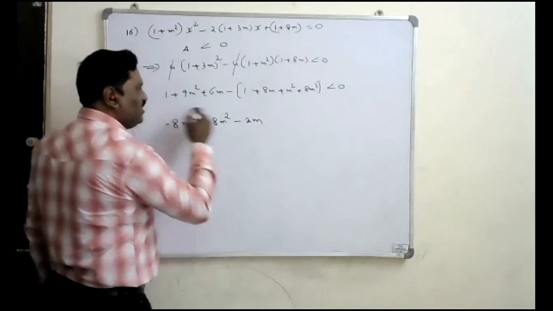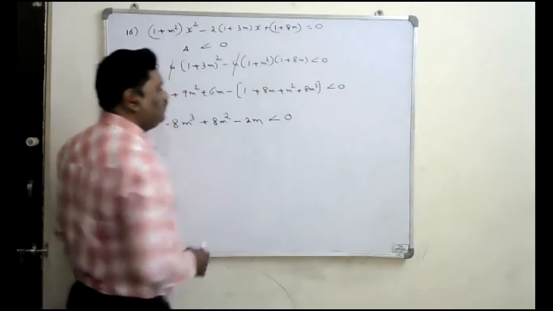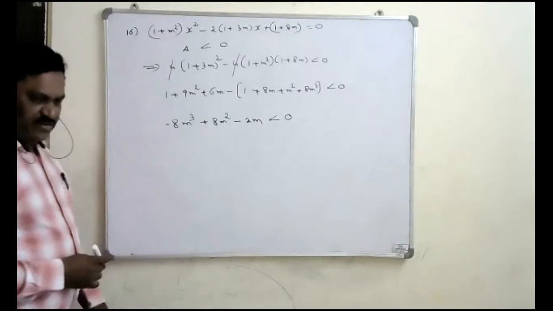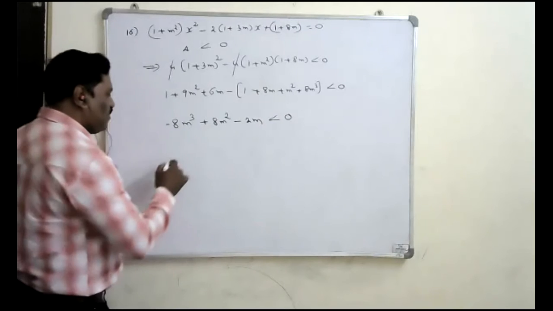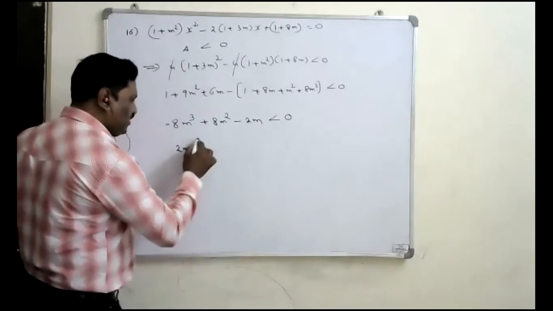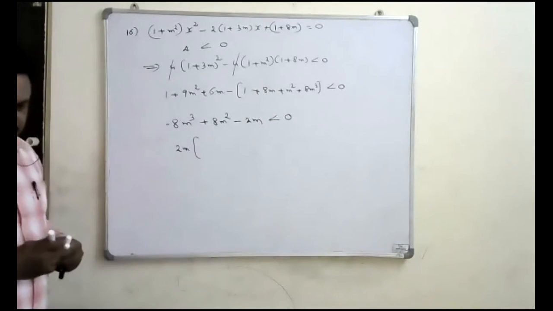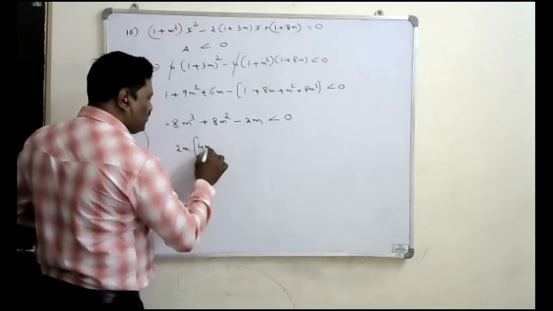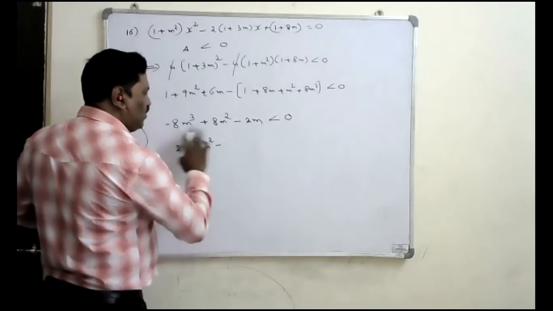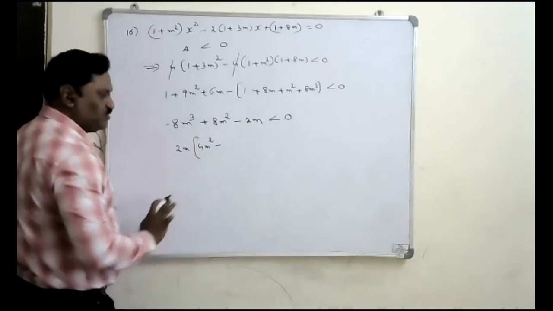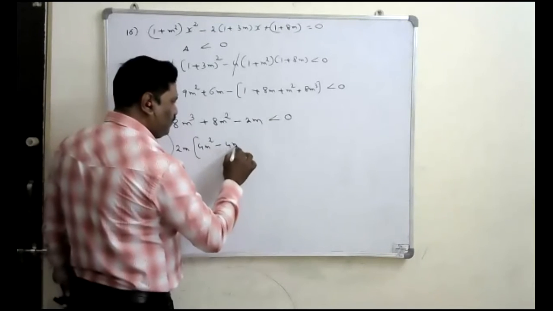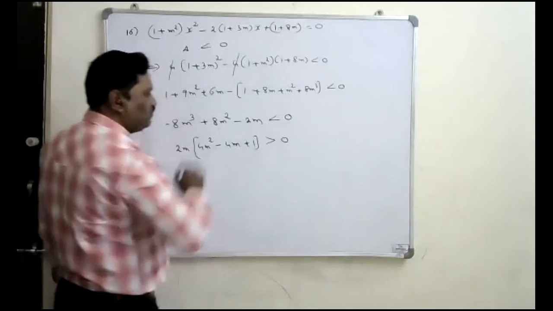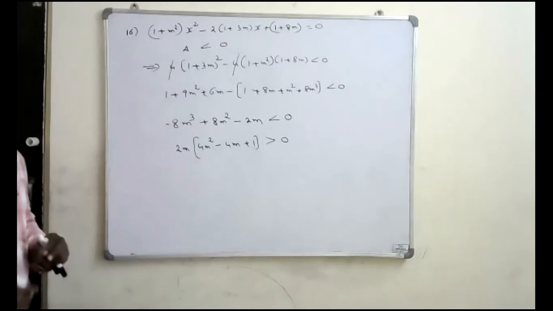And of course 1 and 1 get cancelled, and this is less than 0. Now I will multiply by the minus sign and take 2m common from all of these terms. The 2m common, remaining is 4m squared, and I am multiplying by the minus sign also, so there is minus 4m plus 1, and this is greater than 0.